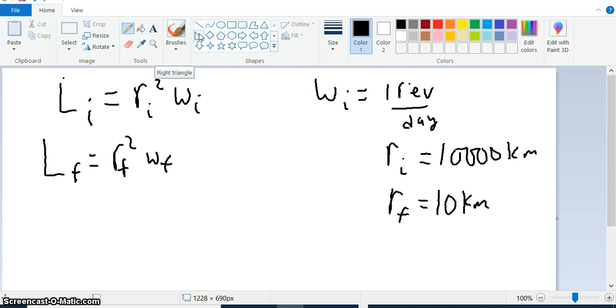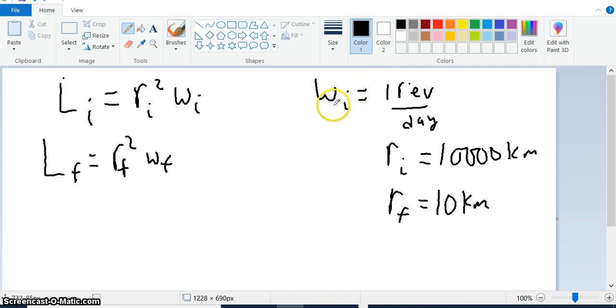So this is the basic setup. The initial angular momentum, L sub i, is equal to the initial radius of this rotating dead star squared times the angular velocity, omega initial. That's going to equal the final angular momentum, r final squared times omega final. So you set those two things equal to each other.